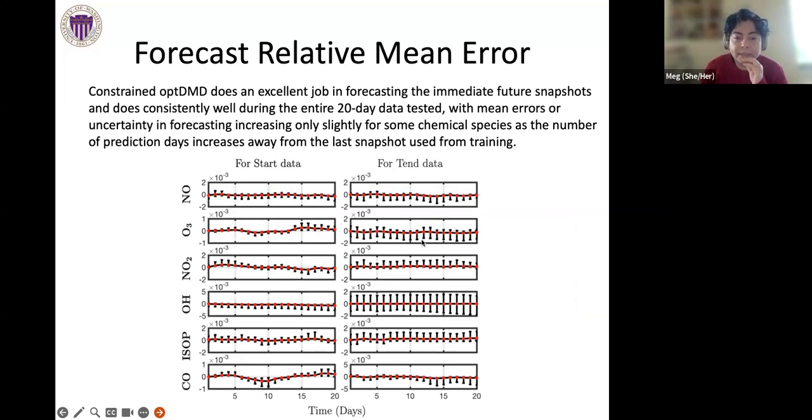Again, tendency data needs more modes to represent it, therefore the errors there are higher, and we see the highest errors for 2 of these chemical species, the carbon monoxide tendency and the OH state data. But it does pretty well, and I could further quantify the temporal uncertainty in these DMD models by using BOP-DMD. If I again have time, I'll come back to that.